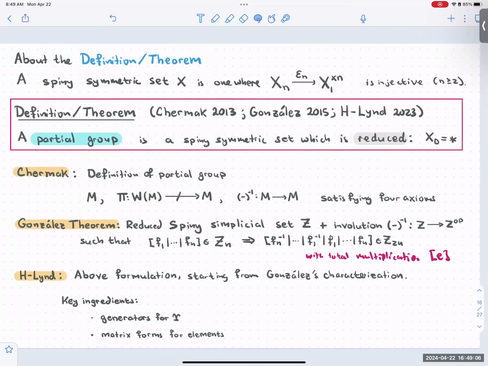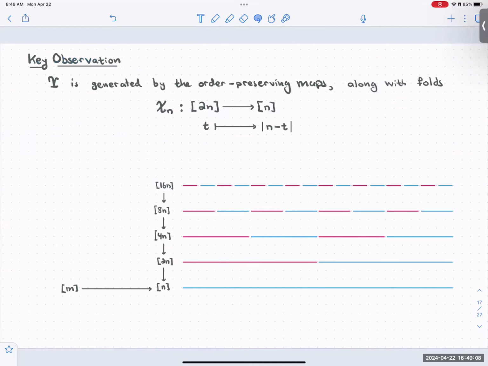Now, maybe I don't really want to say much about these generators, but it turns out you can generate upsilon with the order-preserving maps that are already in delta, along with these folds. But I'm going to leave this for now. So these folds are very much related to the extra elements you get in Gonzalez's theorem.